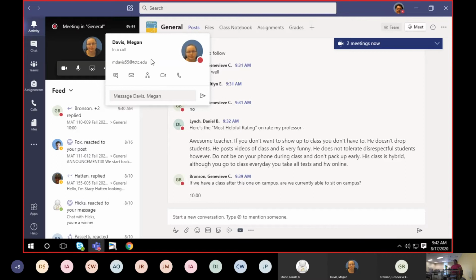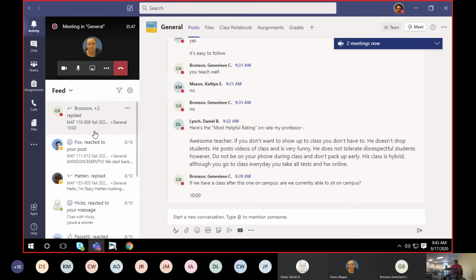Zoom is not protected by Tri-County Tech, and it's not internal, so I don't use it because I can't find students. I have to send students an email and they have to hit that link. If I don't know your email on Zoom, I can't find you. So that's why I don't use Zoom.